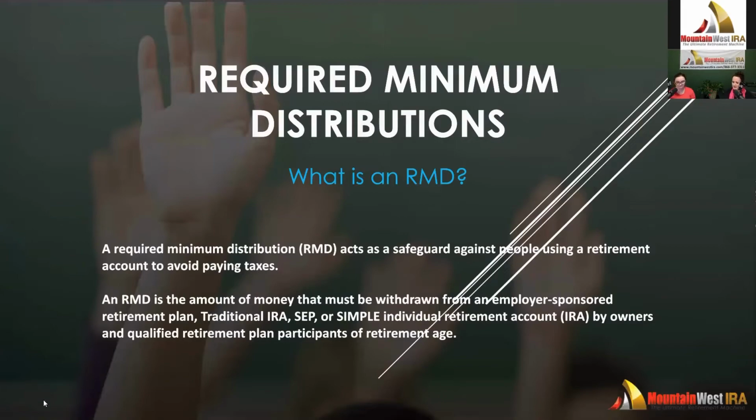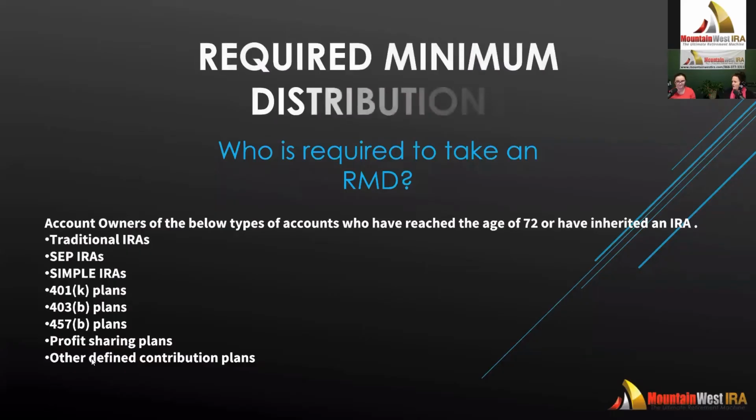All right. So who's required to take these? So required account owners of the below types of accounts who've reached the age of 72 or have an inherited IRA, meaning you inherited an IRA from someone who has passed, you were their beneficiary.